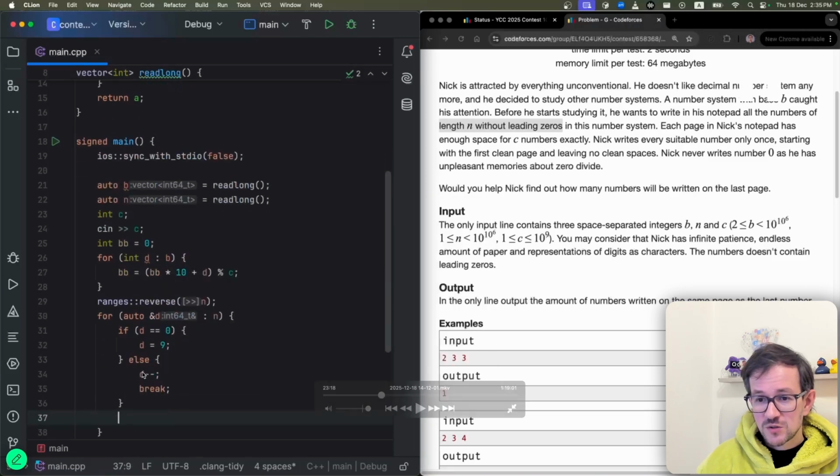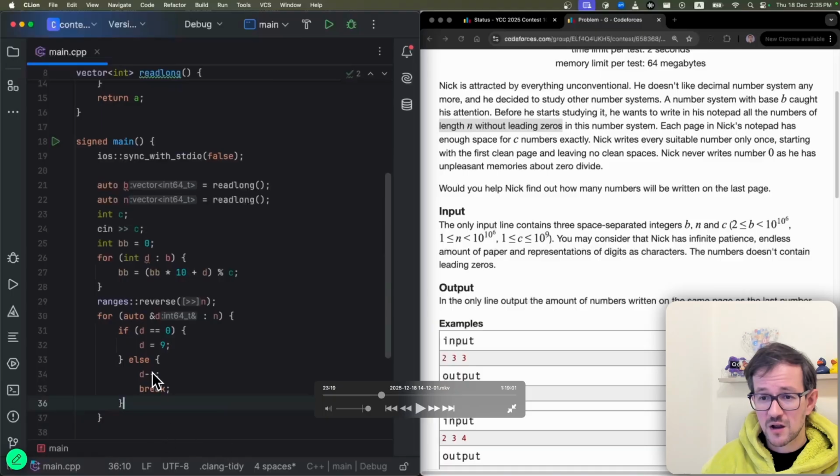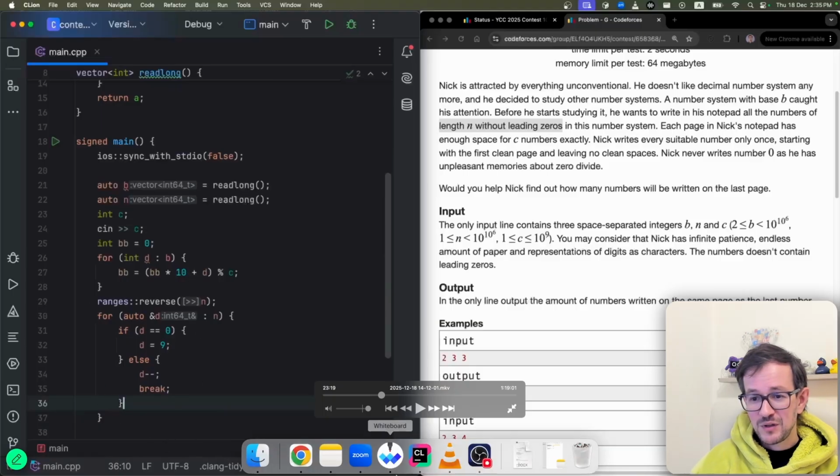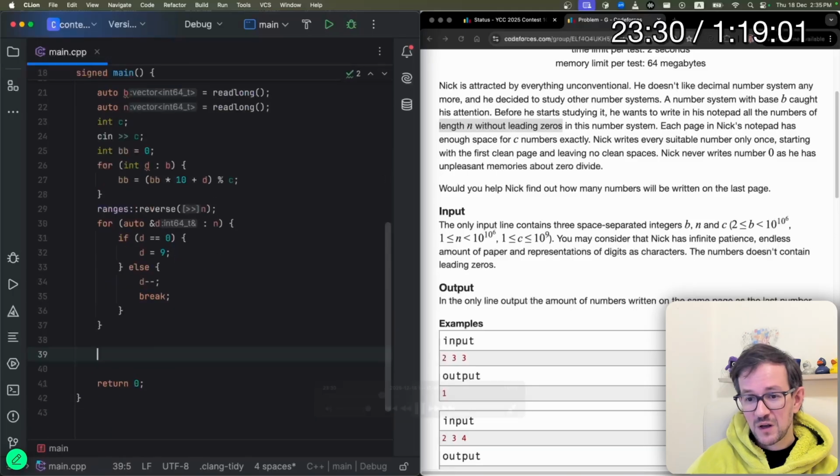So here I'm doing minus 1: just take digit by digit and decrease by 1. If I have 0, I make it 9 and go to the next digit. So here is how I usually write minus 1 in long integers.